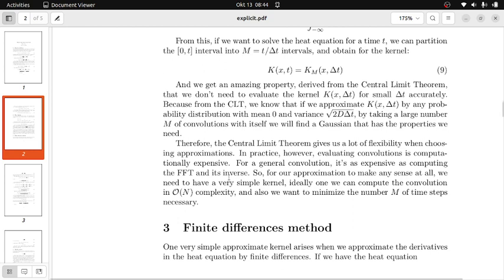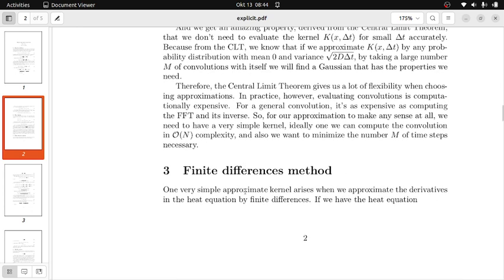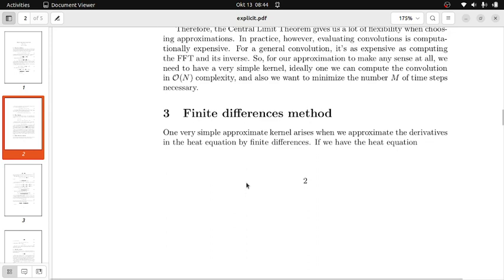It is possible. And here I will present the first and simplest way to do this, which is the so-called explicit method to solve the heat equation. First, let's start with the finite differences method.